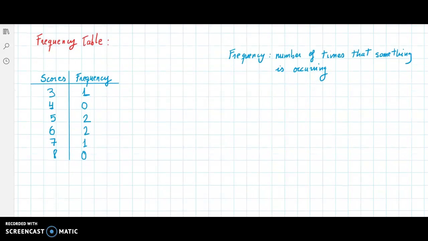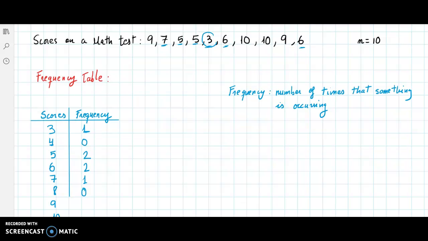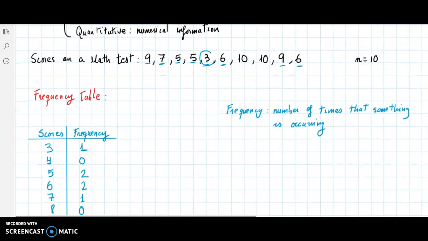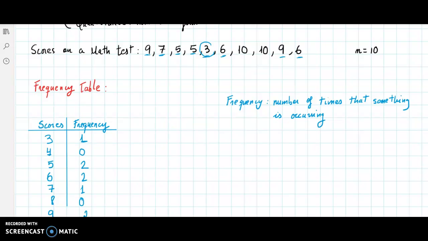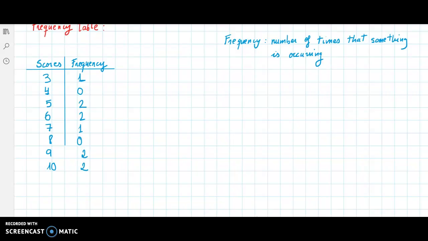We continue with the 9, the 10. How many 9s? 1 here, another here, 2 nines. And 10s, 1 and 2. Right.